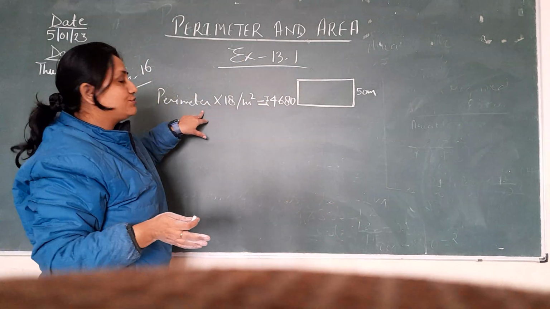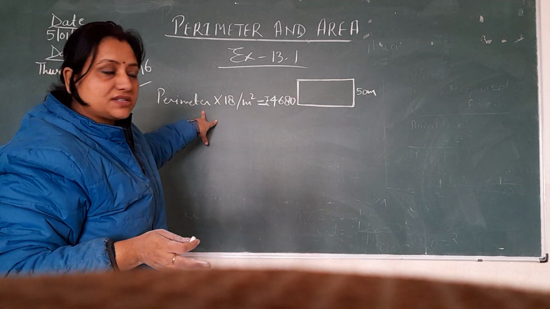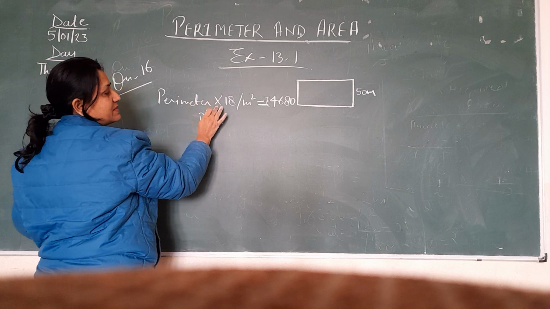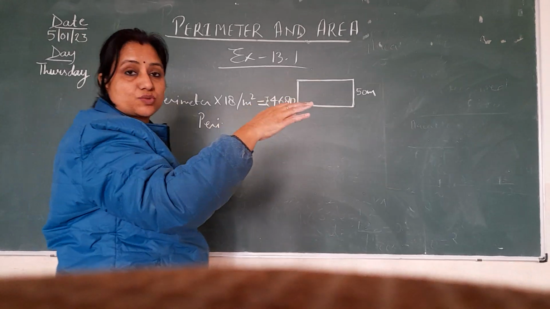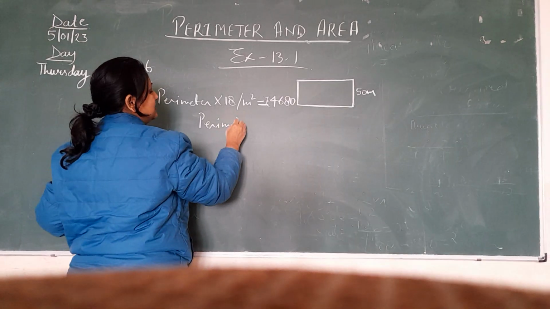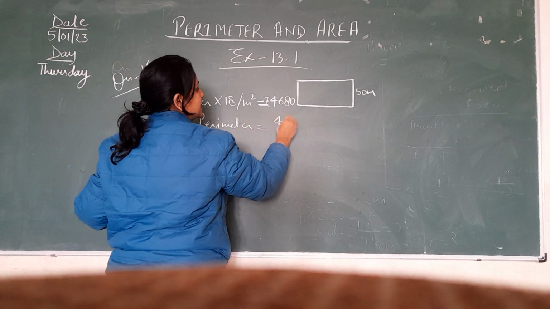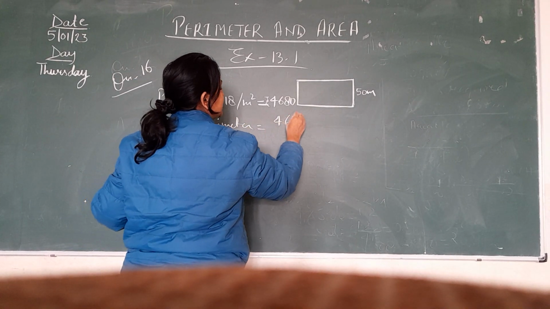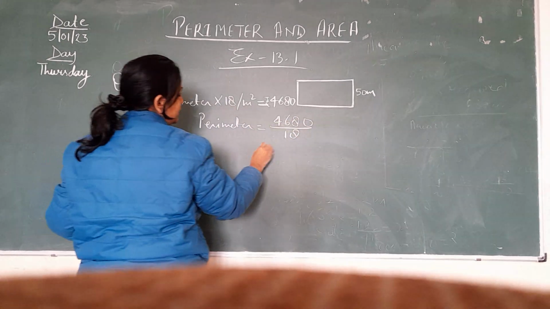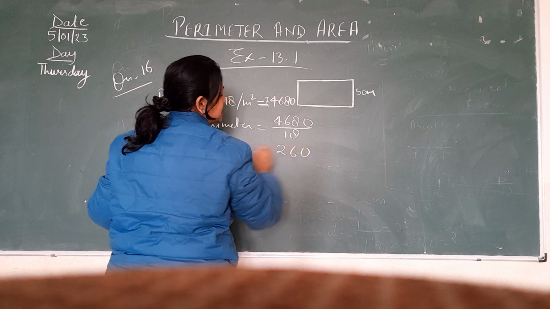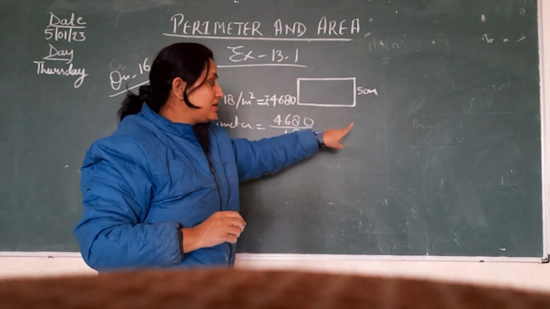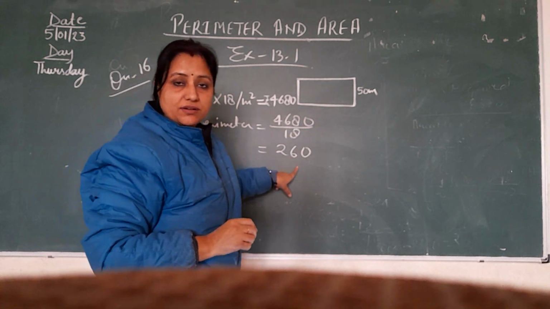So by using this we find out the perimeter. Here it is a multiplication, when we transpose it will be a division. So perimeter is equal to 4680 upon 18, which is equal to 260. So the perimeter of this rectangular plot is 260.